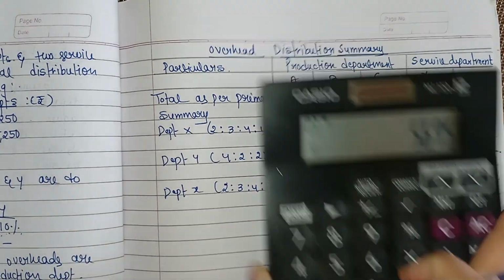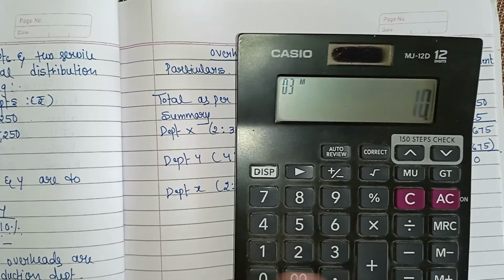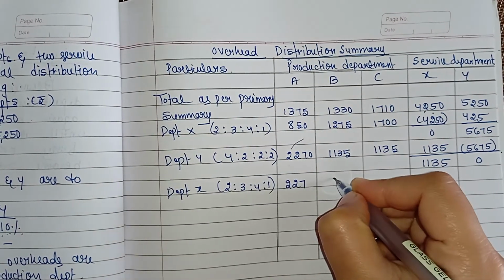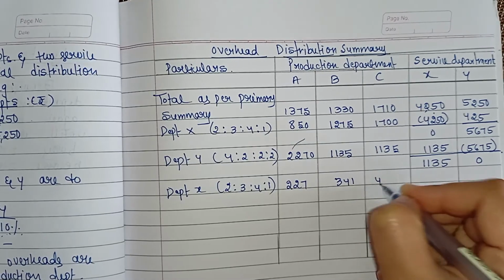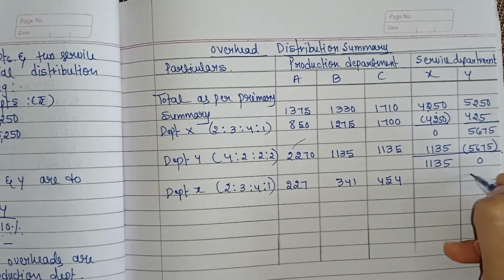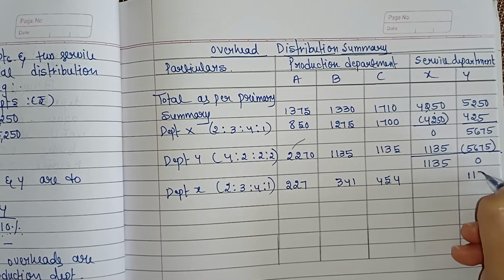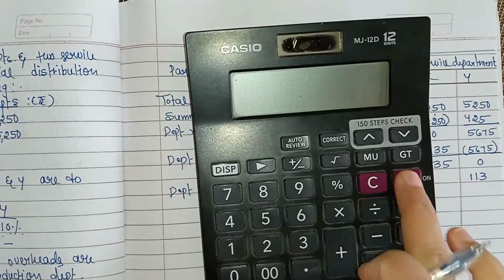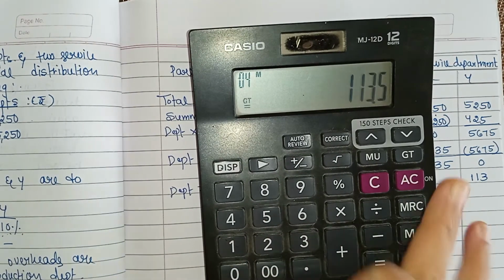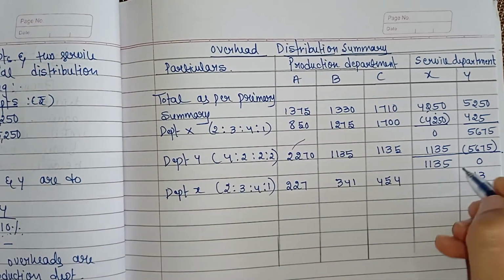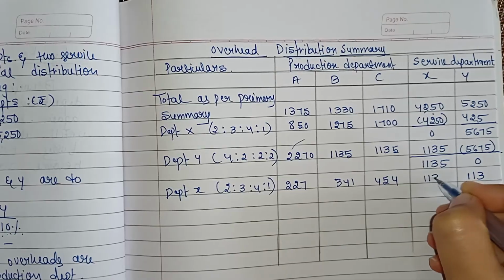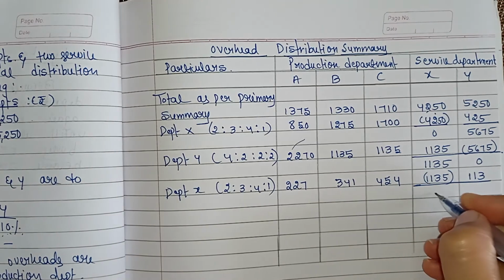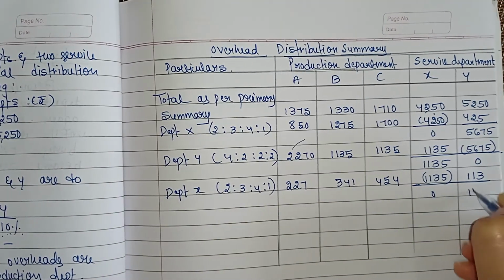So see here 1135, right? 1135 into 2 divided by 10, that is 227. 227, 341, 454 and here 113, that is, yes, 1135 into 1 divided by 10, 113, right? Now X department redistributed all its expenses, that is 1135. Again total it, only service department, here it is nil, X department, and Y 113.